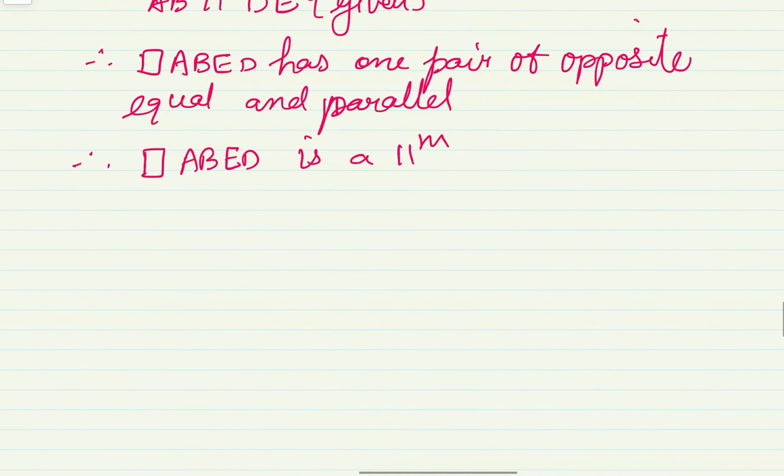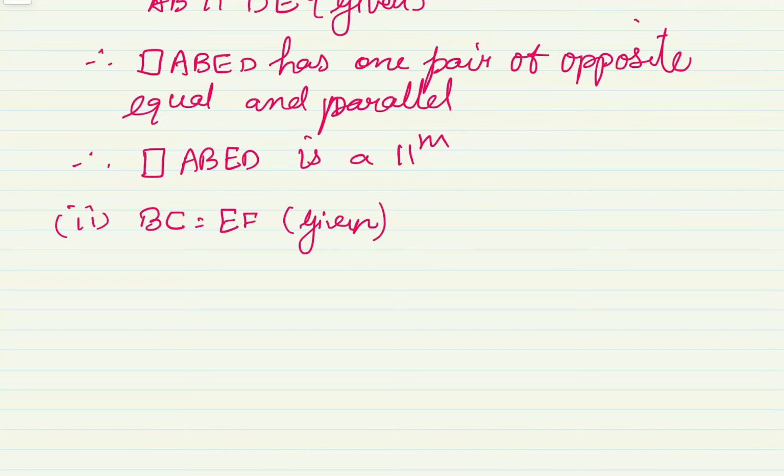Now we have second, again BC is equal to EF is given to us, and BC is parallel to EF, that also is given to us.